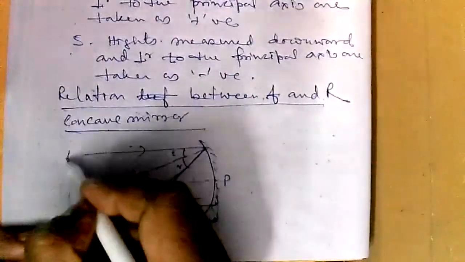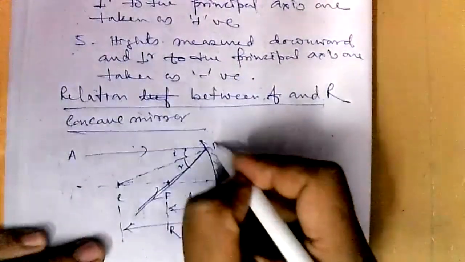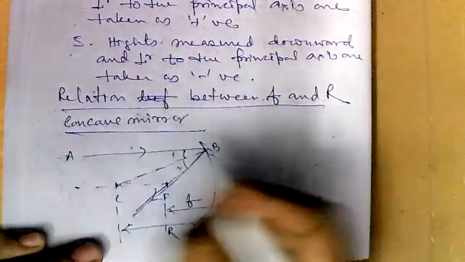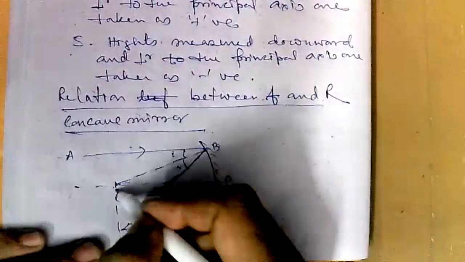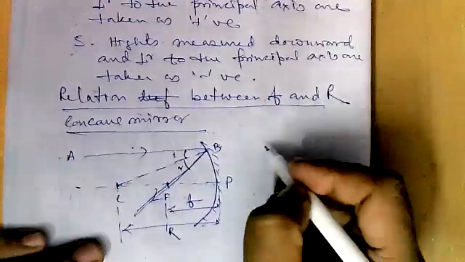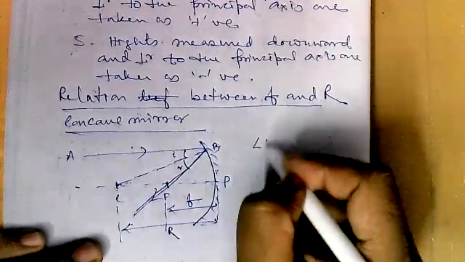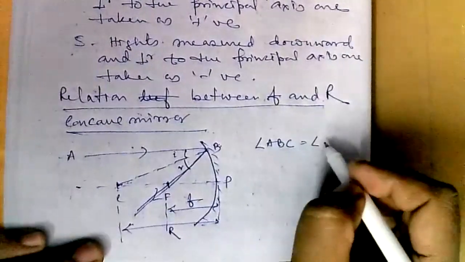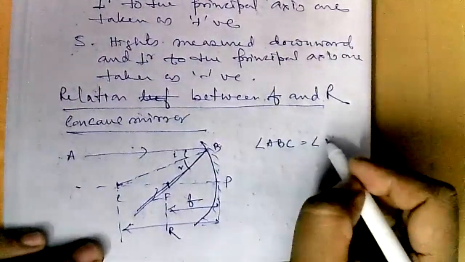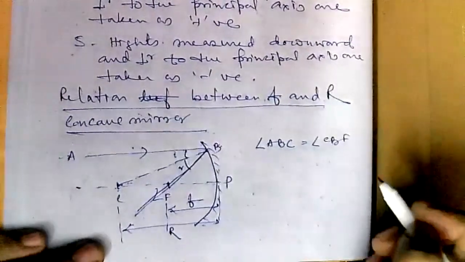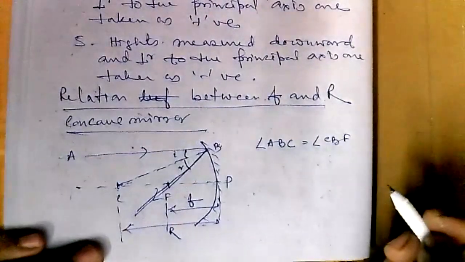Now, say this is A, this is B. So angle ABC is equal to angle CBF by the laws of reflection.